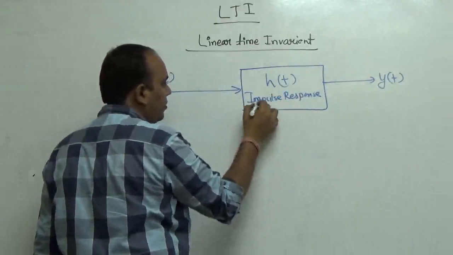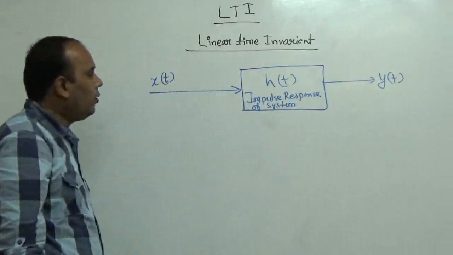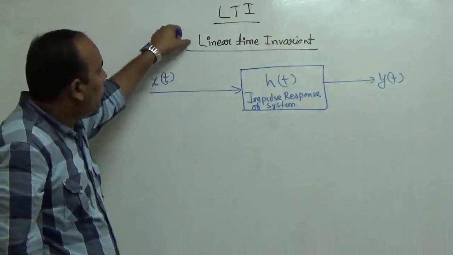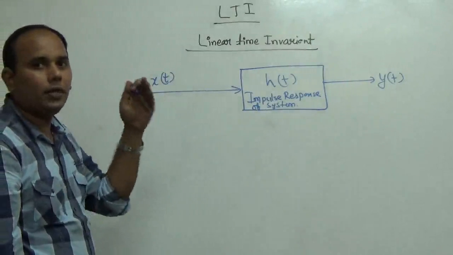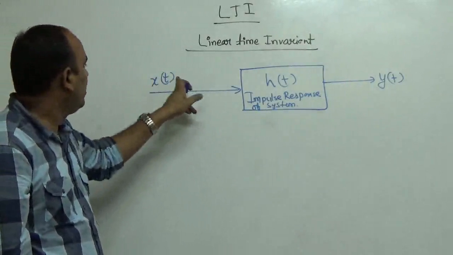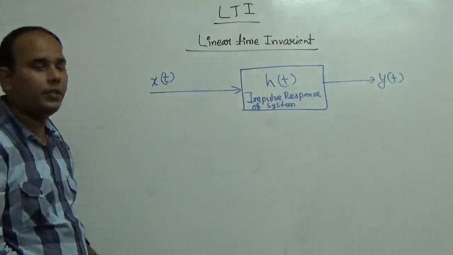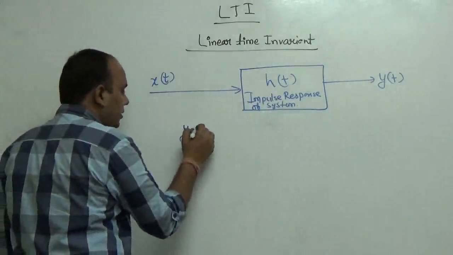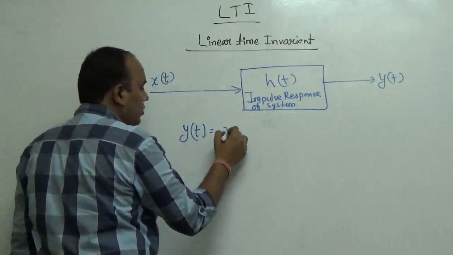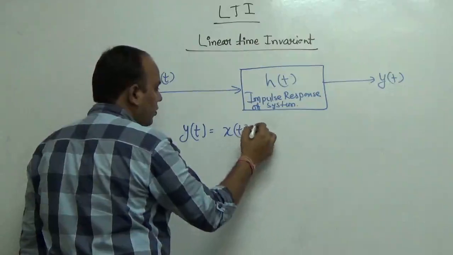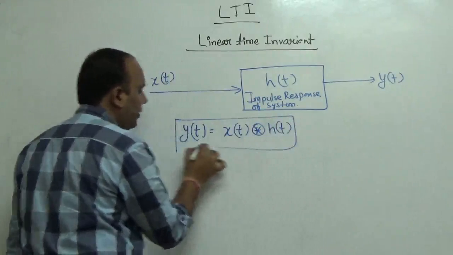The output of a linear time invariant system depends upon the convolution of the input x(t) and the impulse response of the system h(t). So the main thing of the convolution is y(t) is equal to x(t) convolved with h(t). This is the convolution in the time domain.